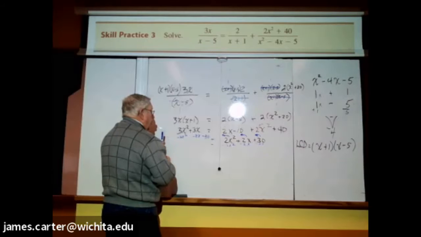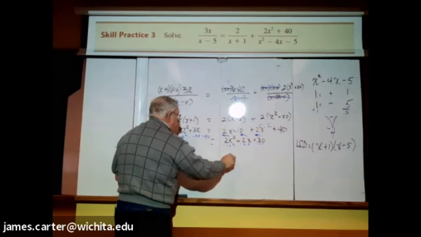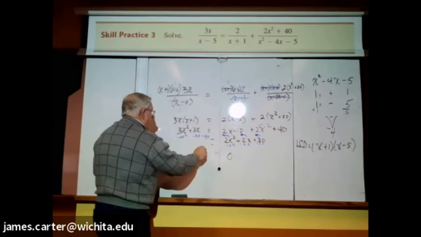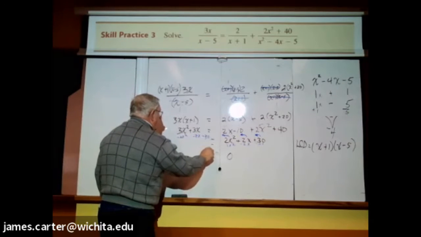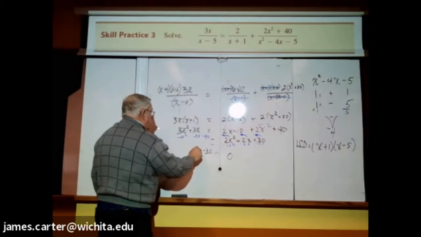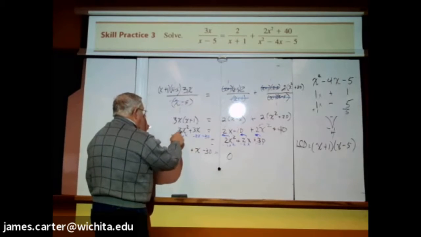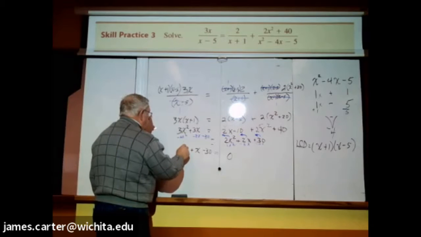So what I end up with then, this is all 0 over here as it's supposed to be. And here I get the minus 30, I get 1x, and I get 1x squared.